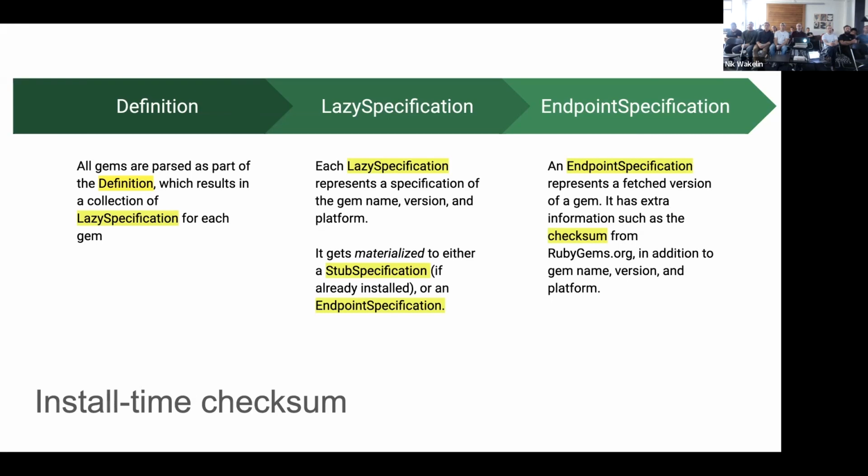I don't know why they call it stub specification. It's basically an I'm already installed specification, because that gem's already installed, so I don't need to do anything else. Or it converts it into endpoint specification. Basically what it means is that fetch this gem from some endpoint, such as rubygems.org.